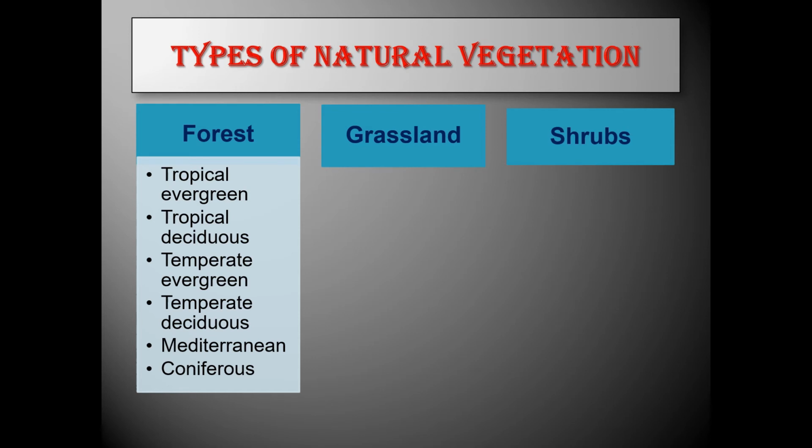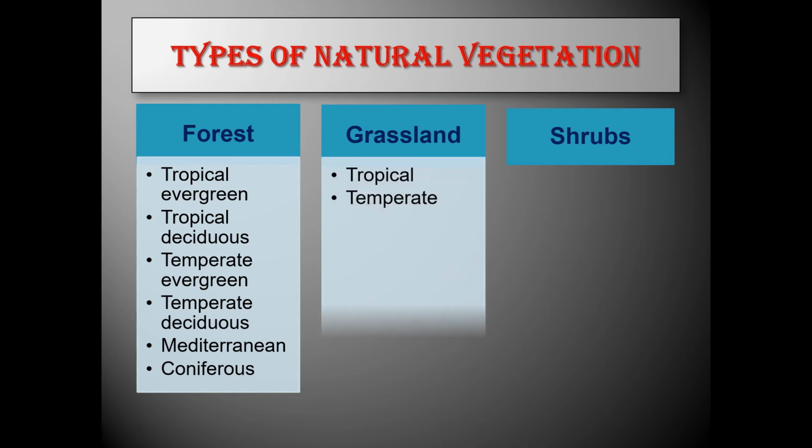Let's move to the grasslands. What are the various types we have? These are also categorized into tropical and temperate. The tropical grasslands are also called savannas in Africa and campos in Brazil. They are called tropical because they are found in tropical regions.